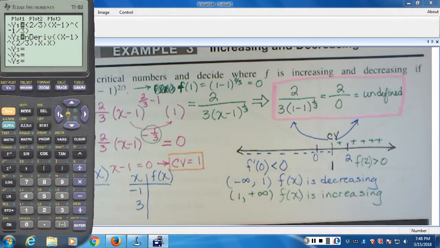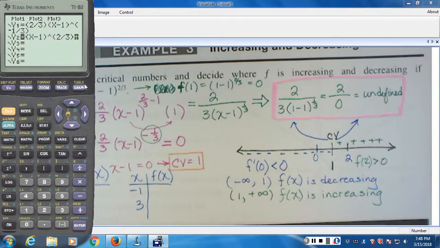So I'm going to turn the derivative off because I don't care about its values anymore. And what I'm going to do here is take out the nDeriv stuff and just keep that function, so I can get some values to plot on my graph.